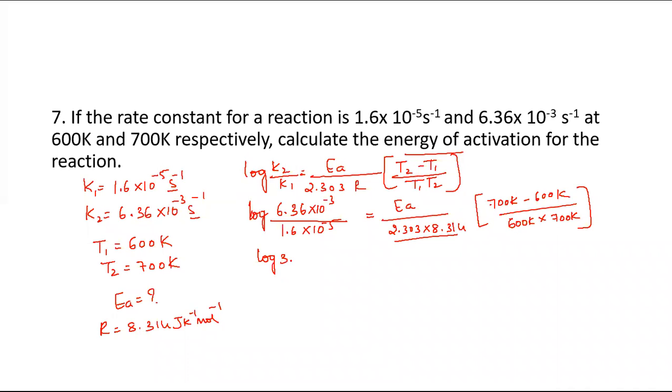Okay, here we got 3.975 into 10 to the power of minus 3 as it is. Minus 5 goes to the numerator, then it becomes plus 5.